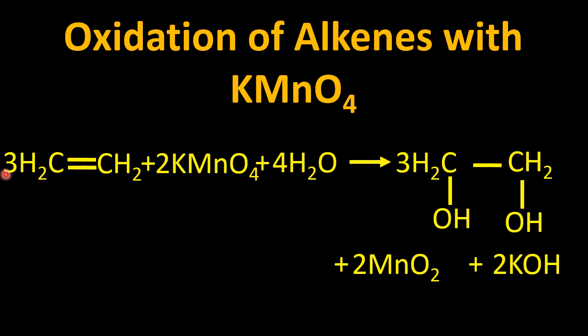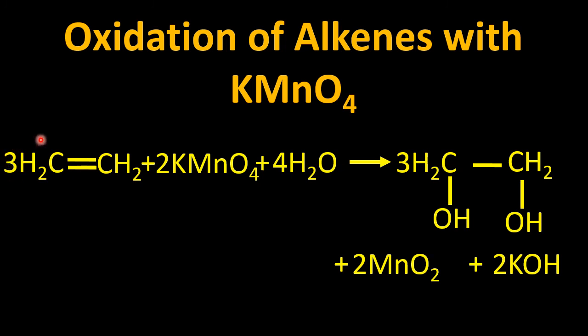this 3 is also with this carbon atom. So 3 plus 3, 6. And in the product, we have 6 carbon atoms. So now carbon is balanced. Hydrogens. How many hydrogens do we have in the reactants? 3 2s are 6. Again, this 3 is with the second hydrogen atom as well, which is with carbon.